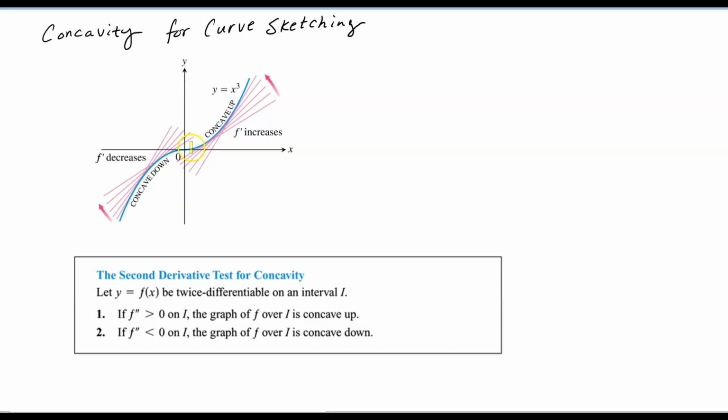As the function is concave up, I want you to note what's going on with the tangents being drawn. Look at what's going on with the steepness of these tangents. There's something to note there.